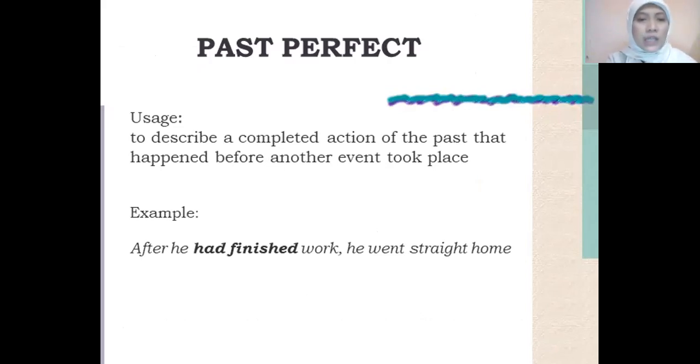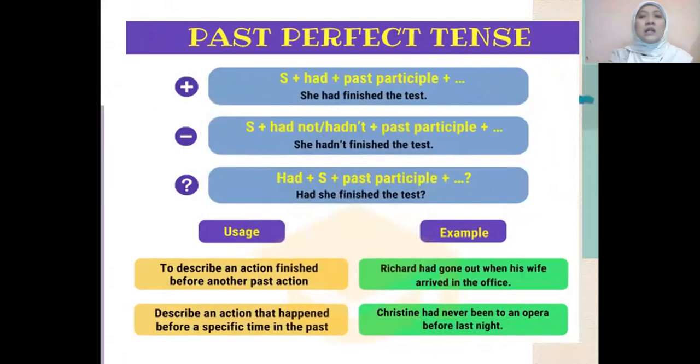Yes, so he had finished work is a completed action. It happened before he went straight home. Past perfect also can be used to describe an action that happened before specific time in the past. For example, Christine had never been to an opera before last night.